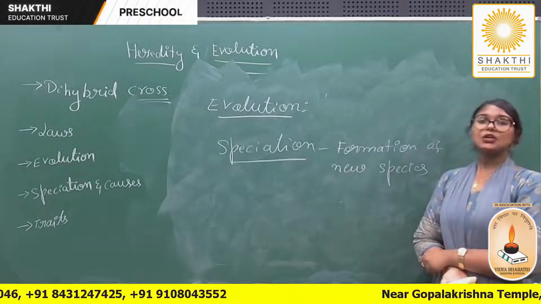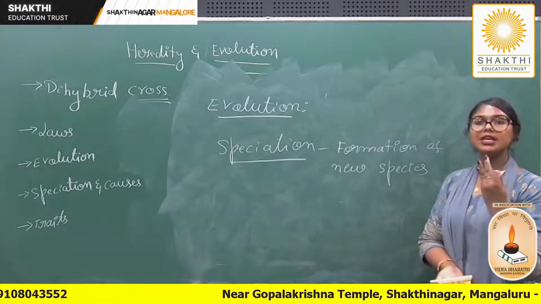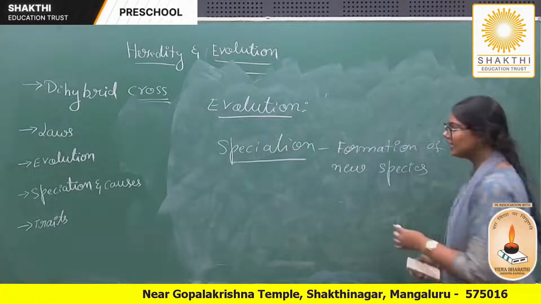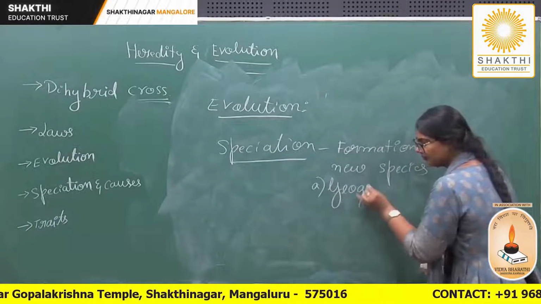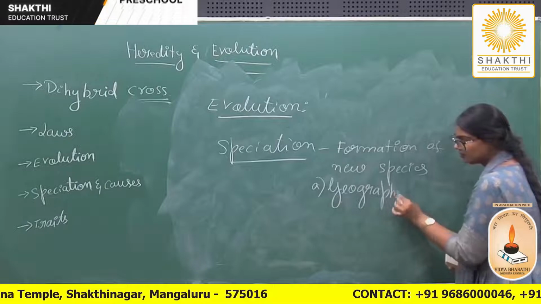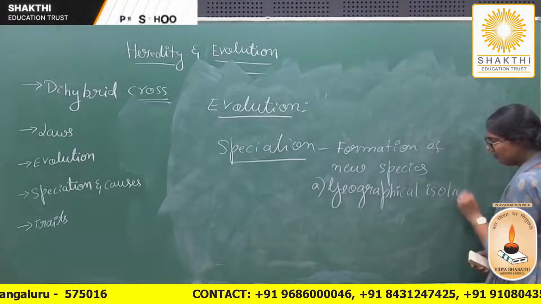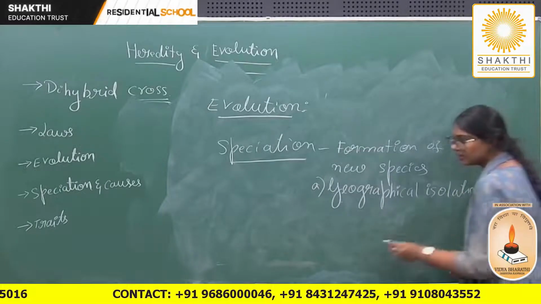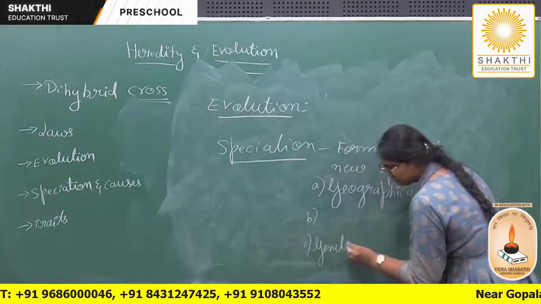Under this, you are supposed to explain what the causes are. We have 3 causes. First one is geographical isolation. Second one is gene flow, which you might be very familiar with. And third one is genetic drift.